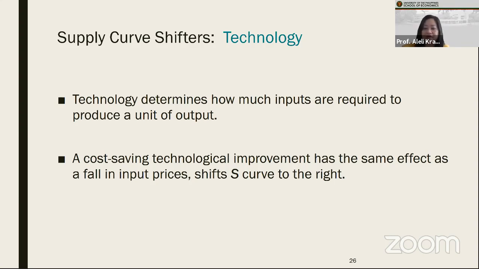Now there's a machine that was invented that could form the siomai automatically. So that means that it would require less labor to form one siomai. And therefore, this would save wages. You need less labor to produce siomai, and therefore you need less wages. And therefore, it would make the firm more profitable, and it would shift the supply curve to the right.